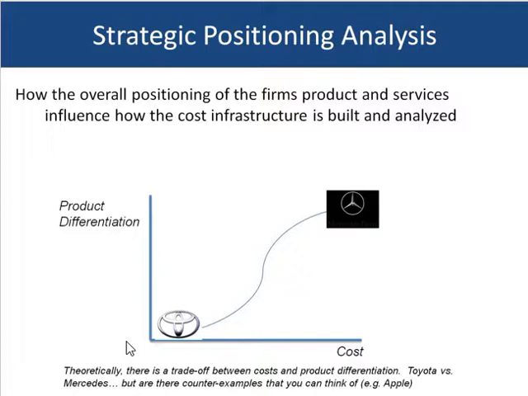This is really the perceptual map or joint space configuration, which is just a fancy way of saying you put two attributes for a particular product, in this case product differentiation versus cost, or whatever the actual attribute might be. As a company, you have the option to position yourself like Toyota, which is very practical, low cost, low product differentiation.